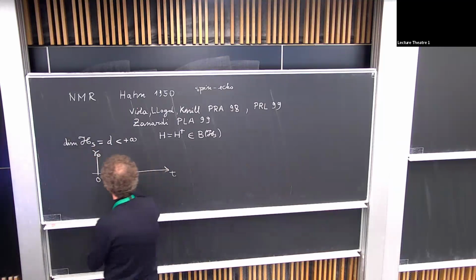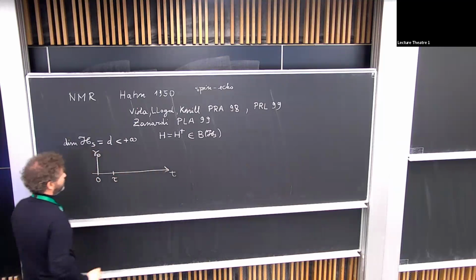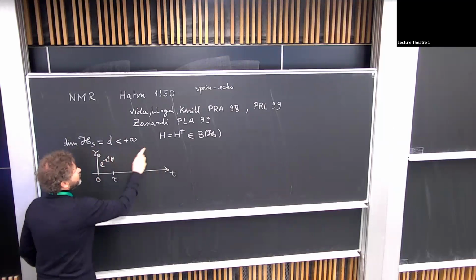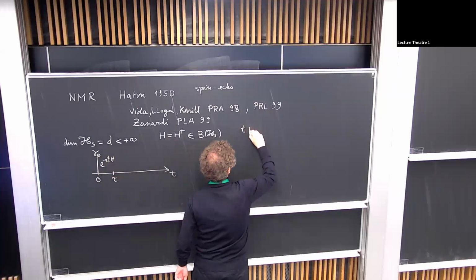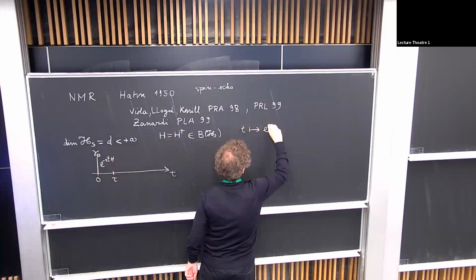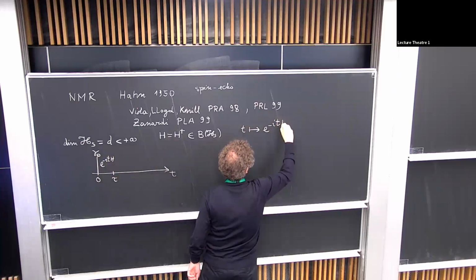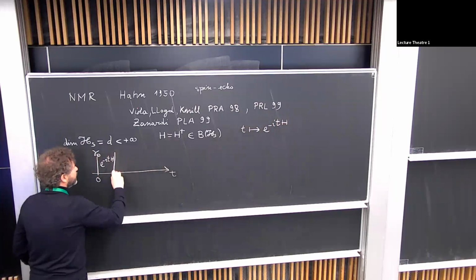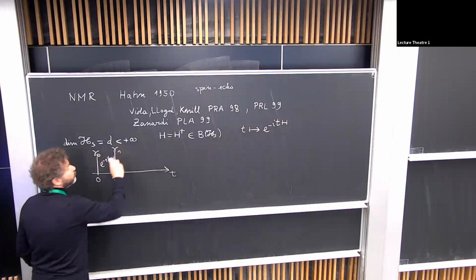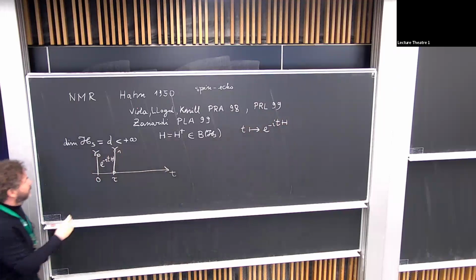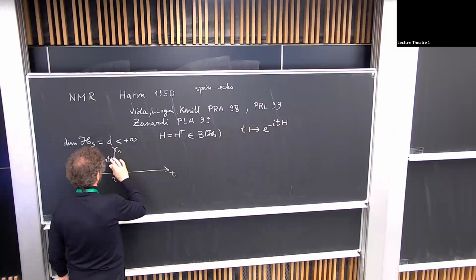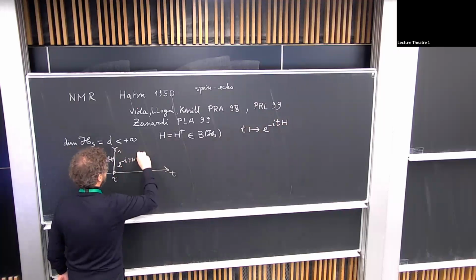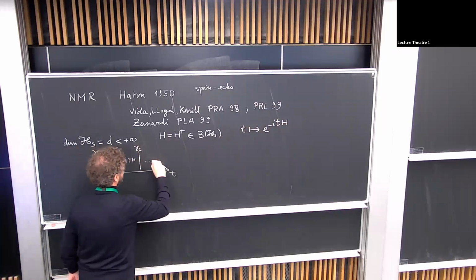So the system evolves between time 0 and time 1 with the unitary group generated by this Hamiltonian. Then you apply again a pulse, a different one in general, gamma 1. Let the system evolve, let's say for a time tau. You apply the pulse again, and so on.